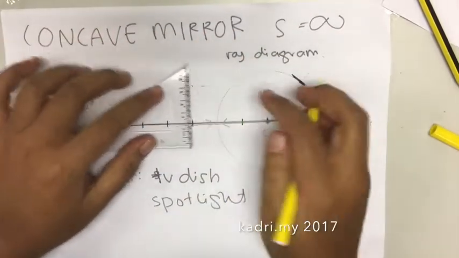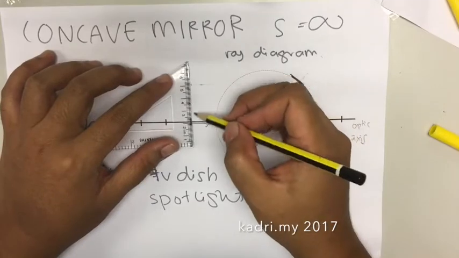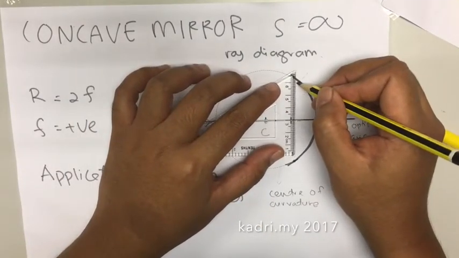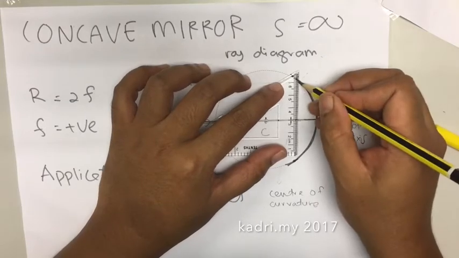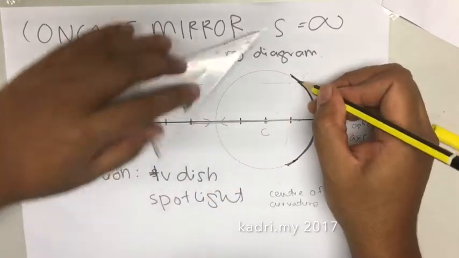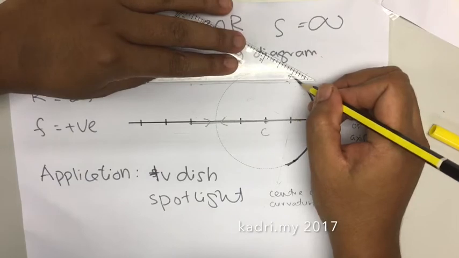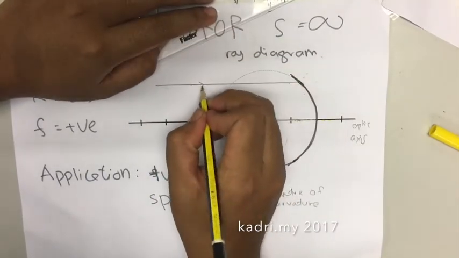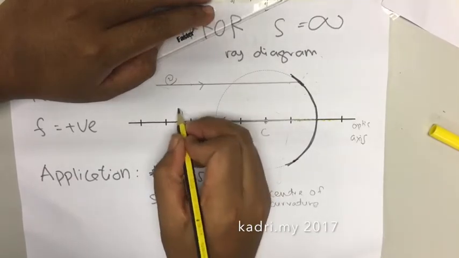So this is 3 centimeter from the optic axis, so it will hit here. Let's draw this second ray. This is the second ray, this is the first ray.